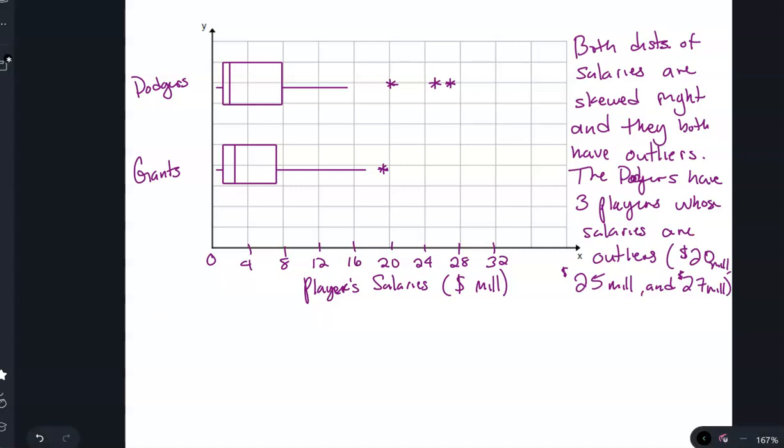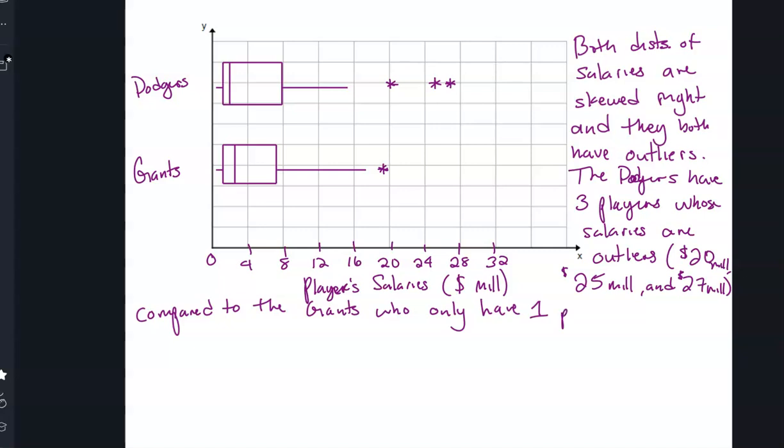Compared to the Giants, who only have 1 player who's an outlier at 19.65 million.